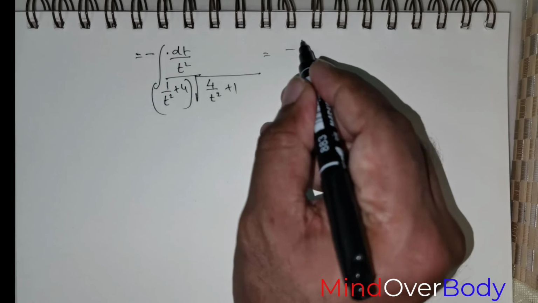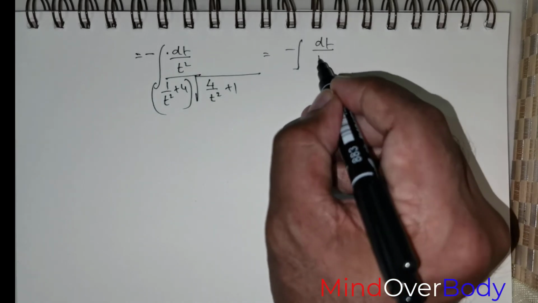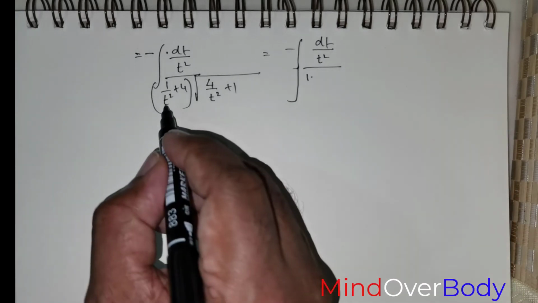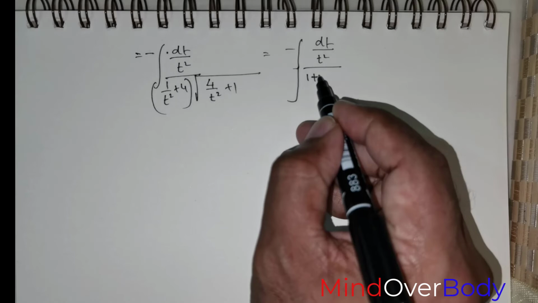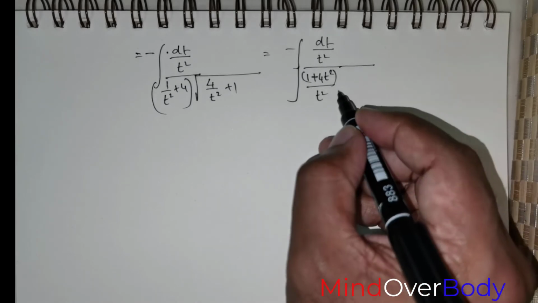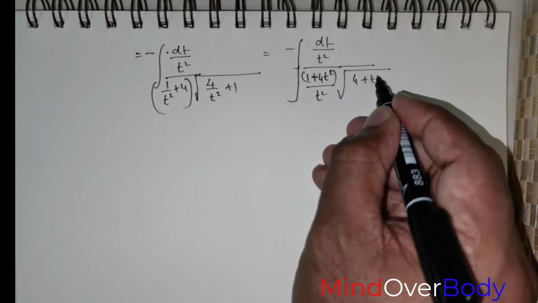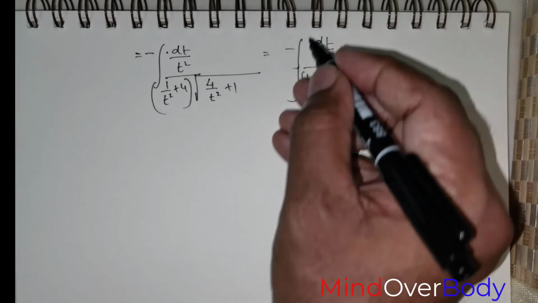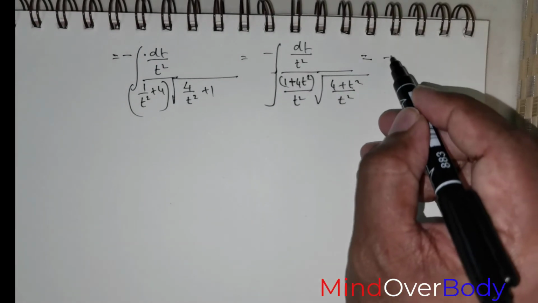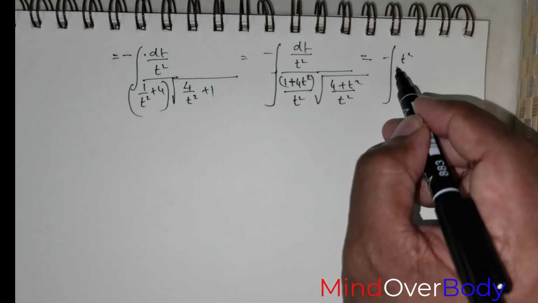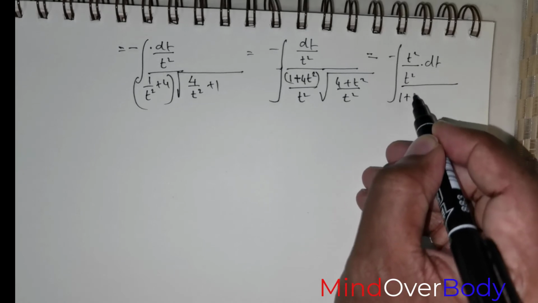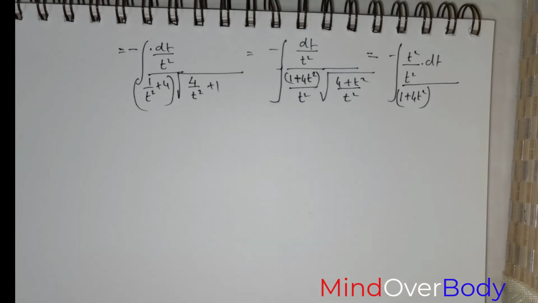Now if I were to take the LCM, this is going to be dt over t² divided by, taking t² to be the LCM, (1 + 4t²) over t² times root of (4 + t²) over t². Now if I were to flip this, this is going to be equal to negative integral, t² will go to the numerator, divided by another t², times dt divided by 1 + 4t².